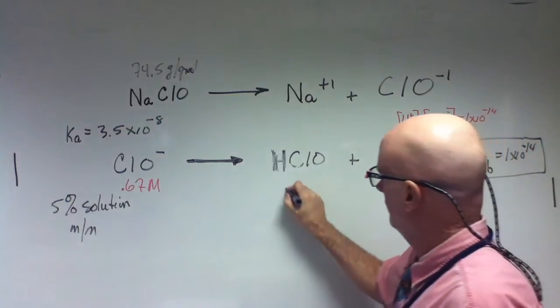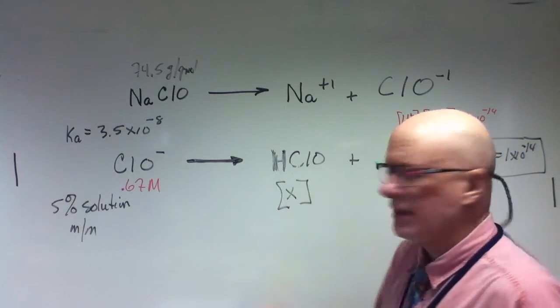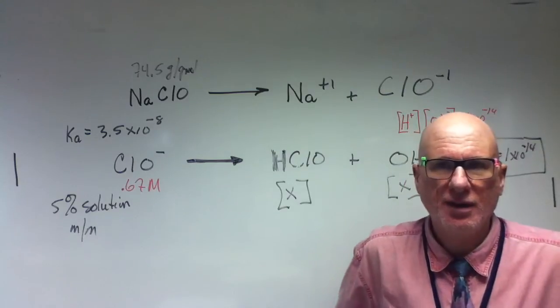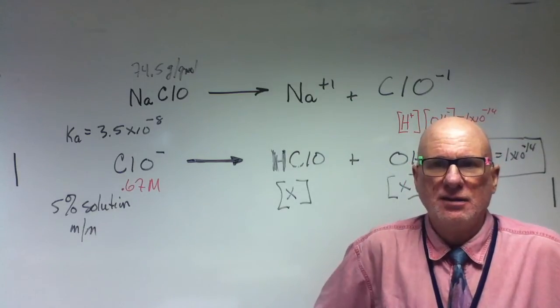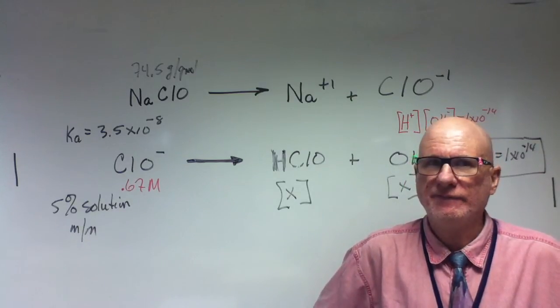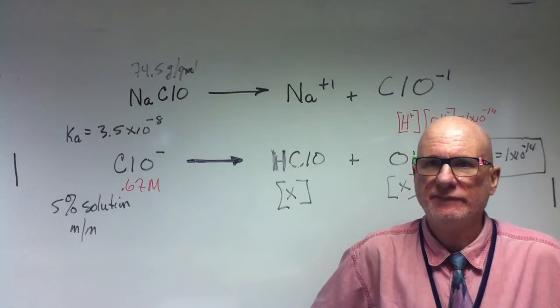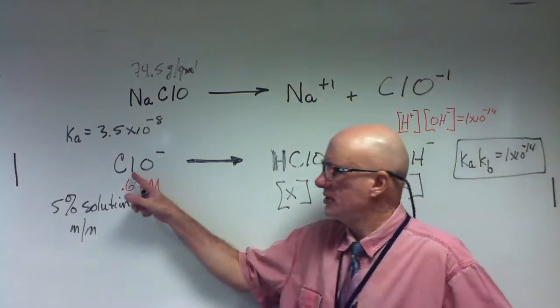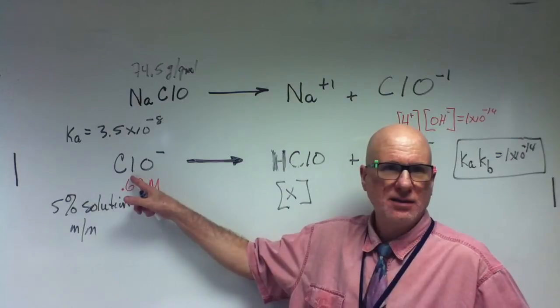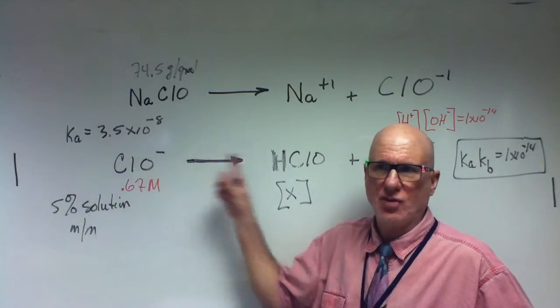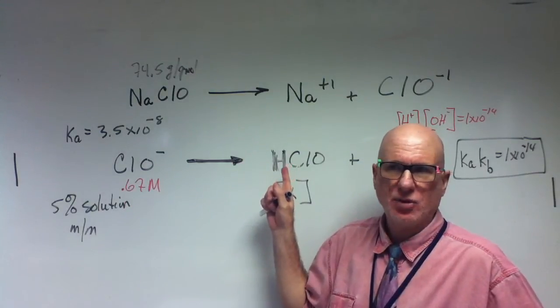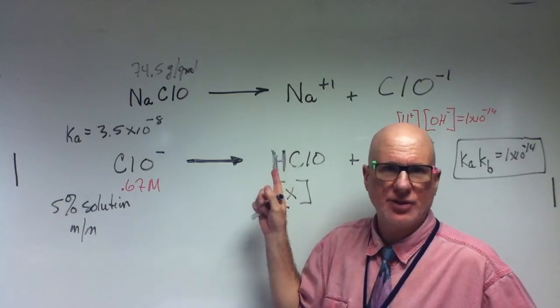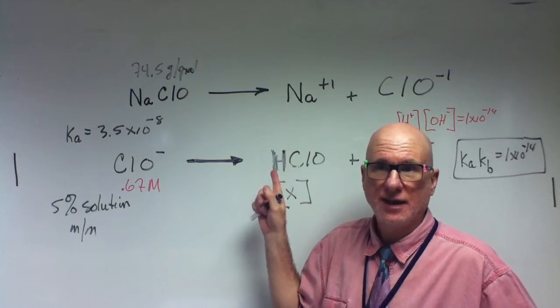Doesn't it? Why do they both get X? Because isn't this going to take on a hydrogen to form hypochlorous acid? Isn't that true or no? Yeah, it is, right?